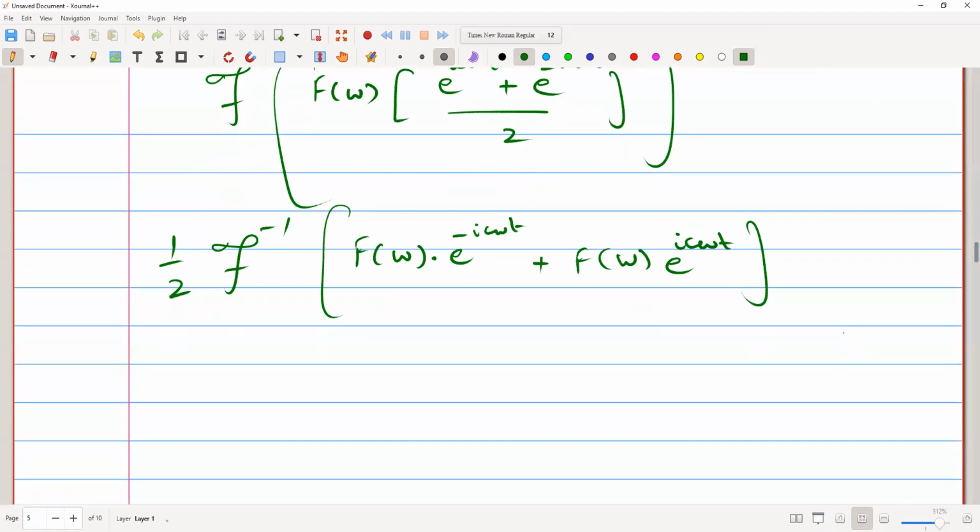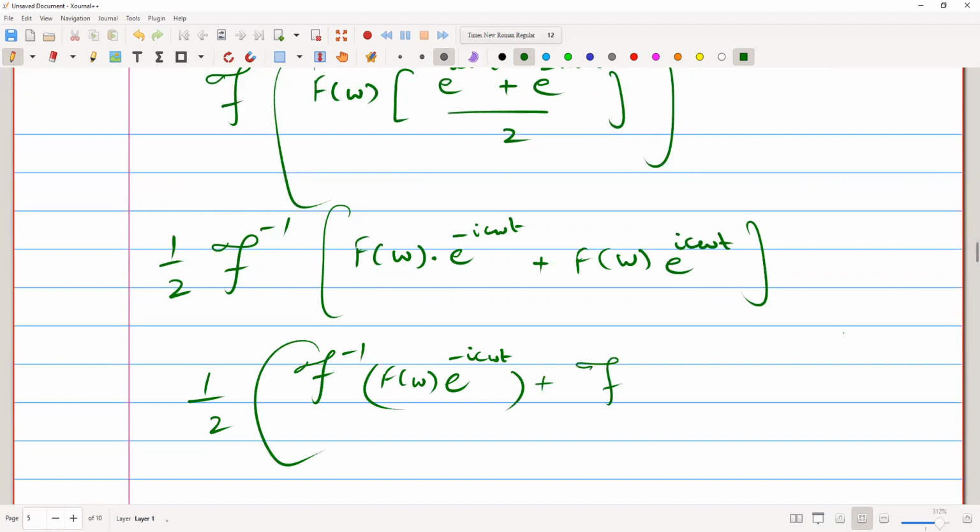And if we apply the linearity property of inverse transforms, we can apply the individual transformation to these two functions inside the bracket. So it can be written like this, plus the Fourier inverse of f of omega e to the power iota c omega t.